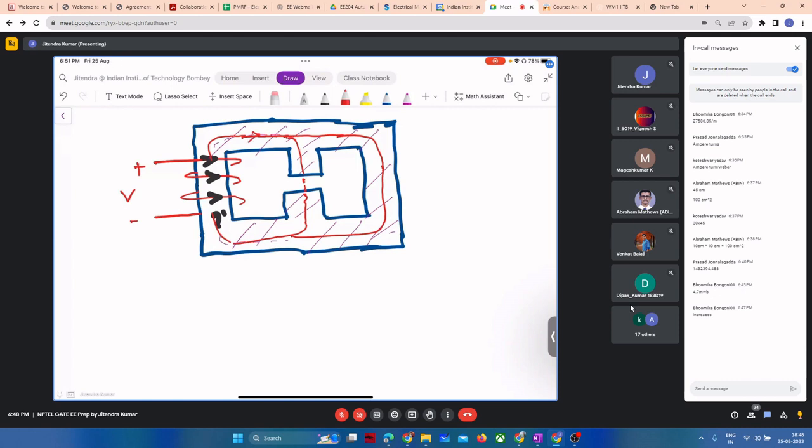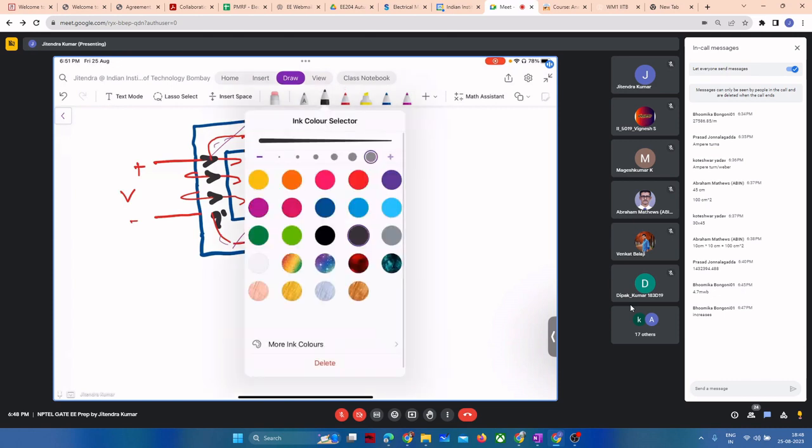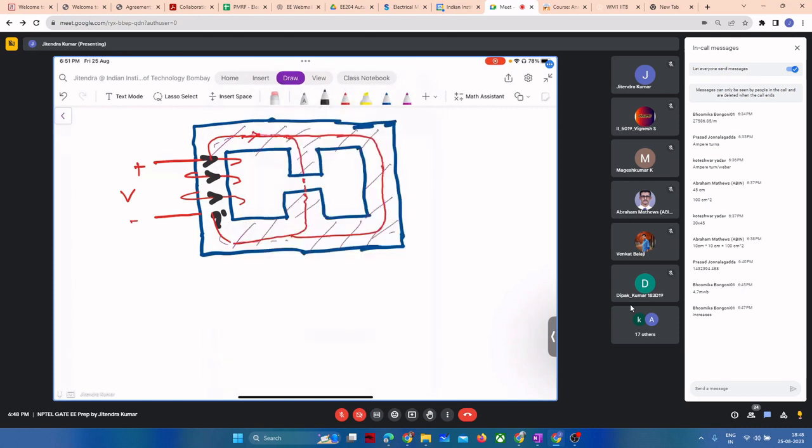Whatever flux was here, consider it as phi. Some portion of phi as phi1 will traverse through the air gap, and some portion of phi as phi2 will travel through the other portion. So here you can see we have phi equal to phi1 plus phi2.